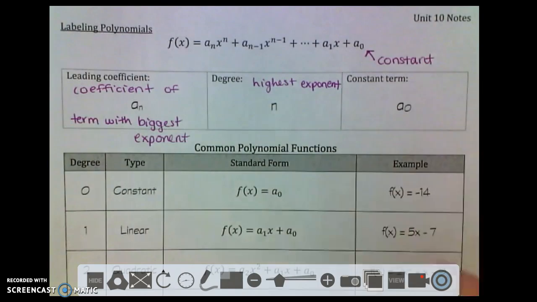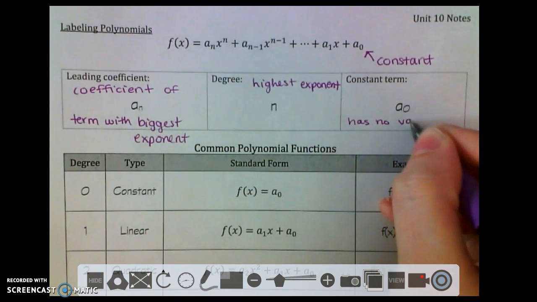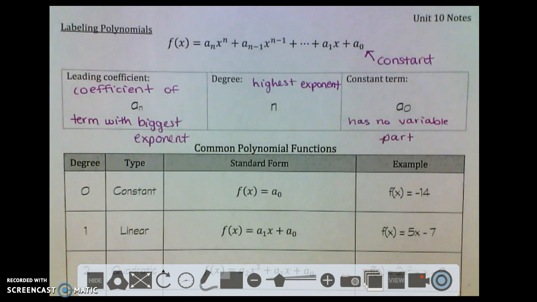And it's called the constant term because it has no variable part. So if your term has an x in it, it's not your constant term. The constant term might just be 7 or 12 or 132. It's just a number with no variable part.